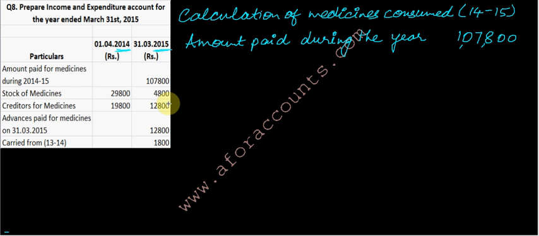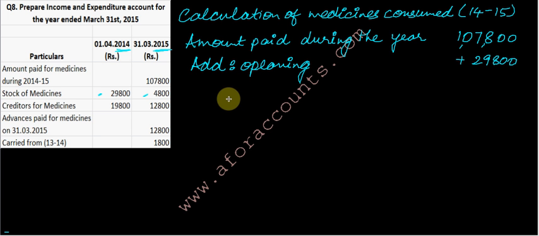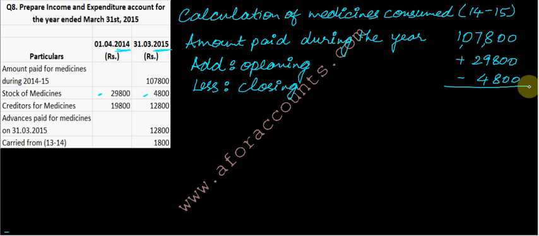Okay. Now, stock of medicines. So this must be your opening stock and this must be your closing stock. We know that we add opening stock, 29,800, and less closing stock, 4,800, that comes up to 132,800.